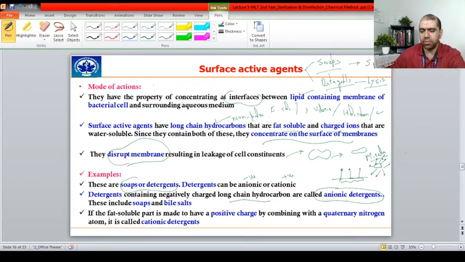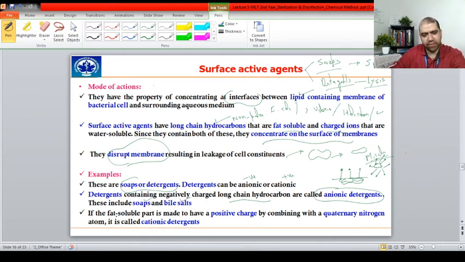If you have studied plasma membrane structure, the typical example is RBC, because it doesn't contain any organelles, so RBC is used as a starting material for studying phospholipid membranes. This is how detergents work and remove stains from your clothes, and it also kills microorganisms in the same way. So anionic detergents include the soaps and the bile salts.